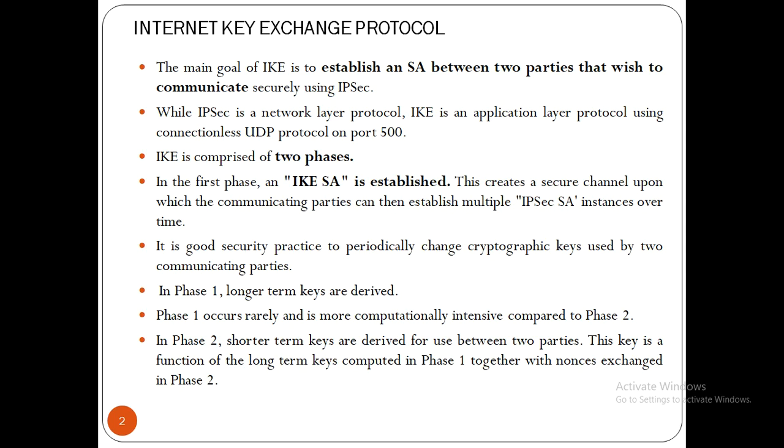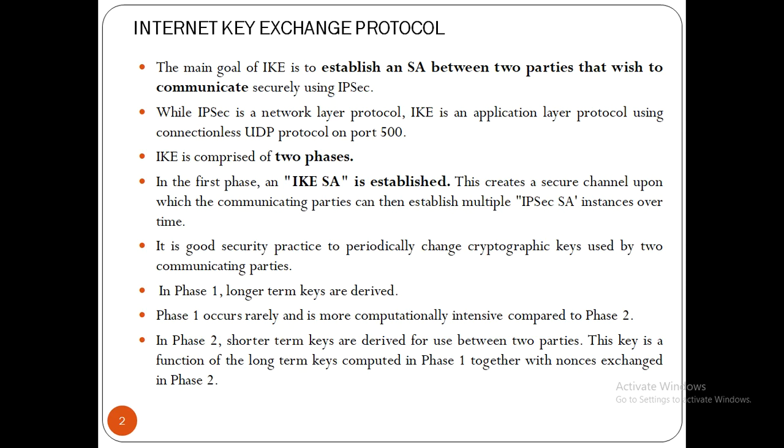In phase 2, we are using shorter term keys, which are derivatives of the keys used in the first phase. So the shorter term keys are a function of the long term keys computed in phase 1, along with the nonces, or random integers, or challenge values exchanged in phase 2. So this is a very little introduction to the Internet Key Exchange Protocol.